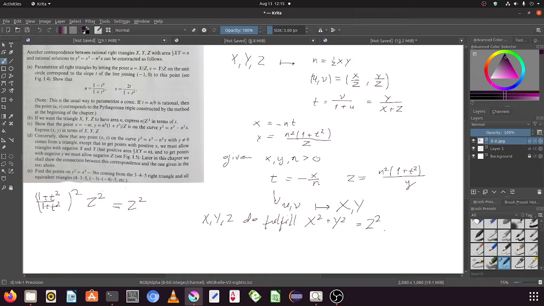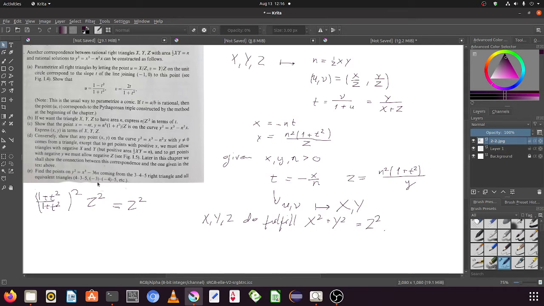Now we have to find all the points coming from, I've started on E. We have to find all the points coming from 3, 4, 5. Oh, 4, 3. I must admit, I all the time thought this would be an even number. Interesting. We'll just check that in a while.